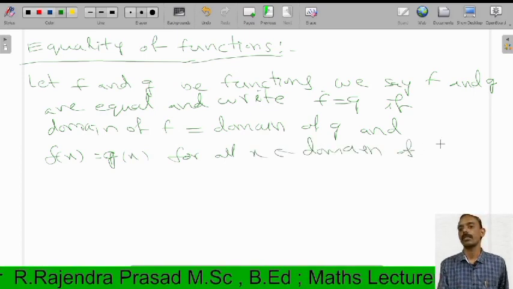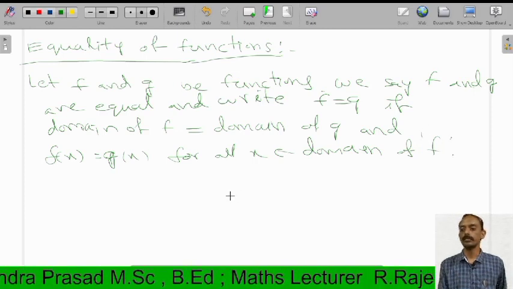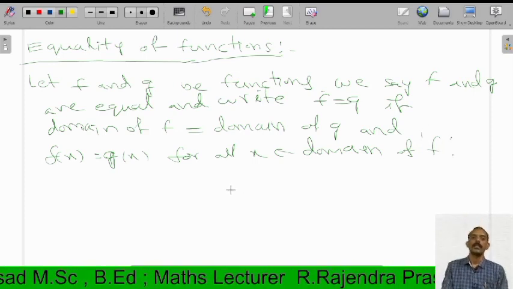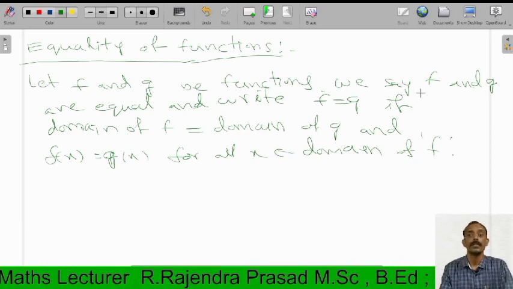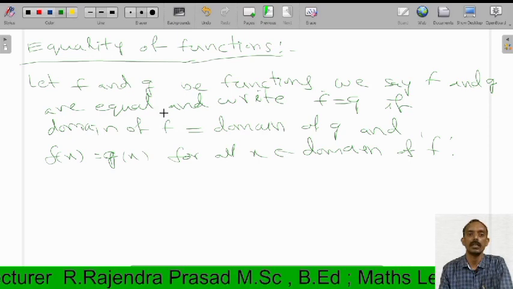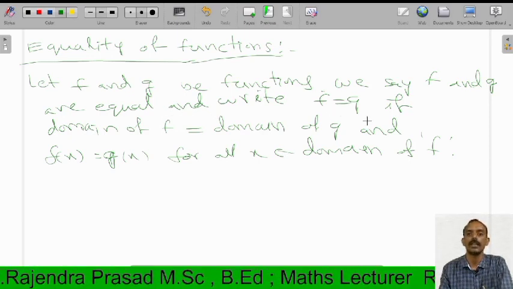Let f and g be two functions. We say that f and g are equal, and write f equals g.